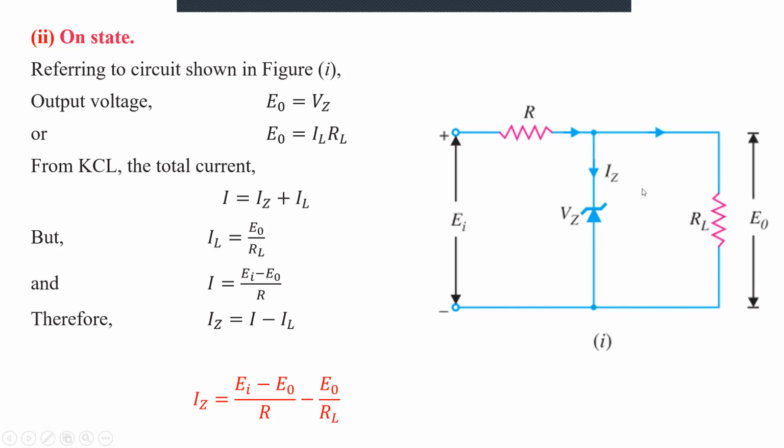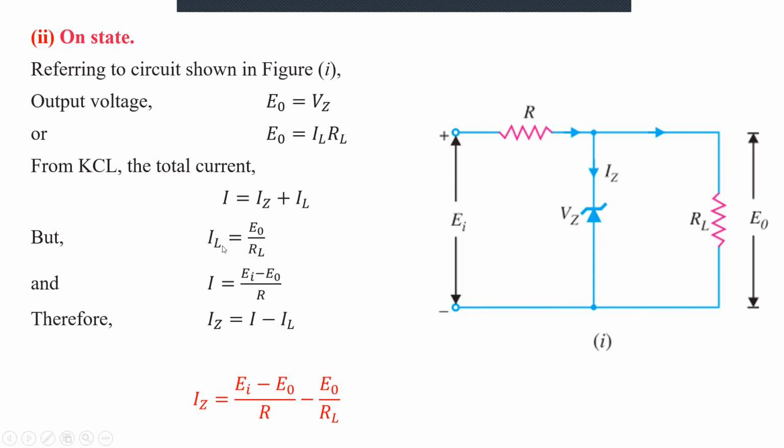That is how you can calculate the output voltage, load current, and Zener current. These are the three parameters used for the analysis of the Zener diode as a voltage regulator, so these expressions are very important. Just to remember, the output voltage will be VZ, which is constant, and it can also be represented by current into resistance. The total current is divided into two parts, IZ along the Zener diode and IL along the load resistance.